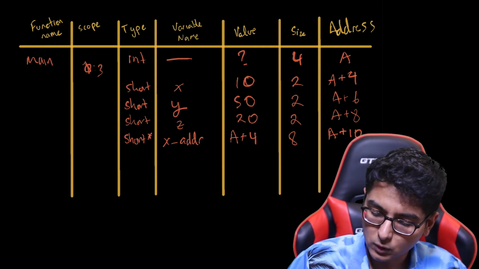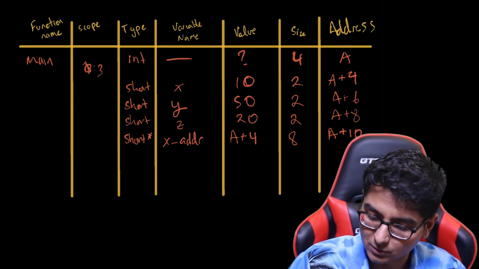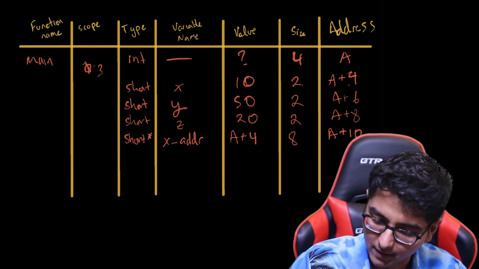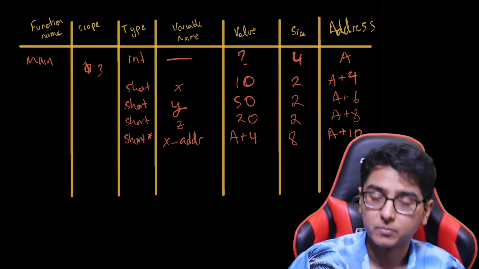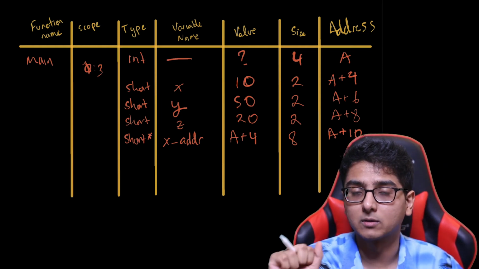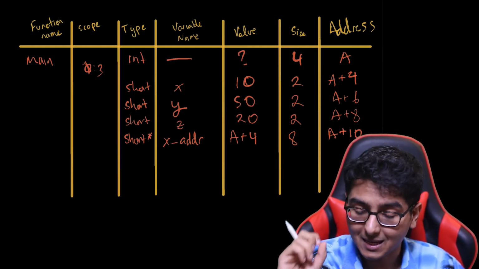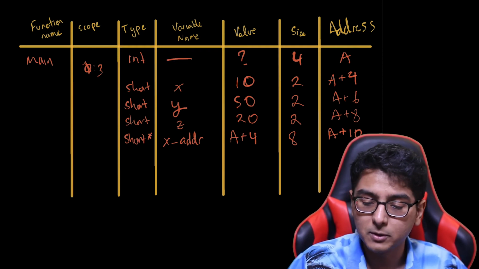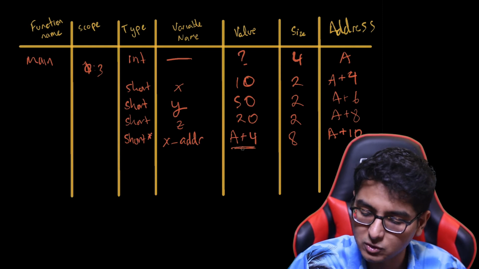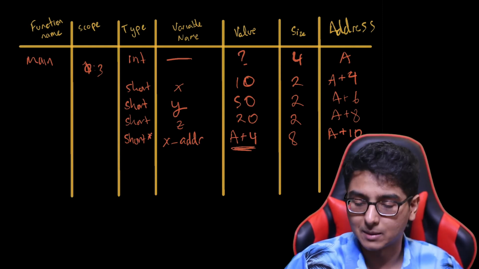Now, if you go in our memory table and access address a plus 4, you're going to find a short type. And that's exactly why we have to refer to it as short pointer, because it is a pointer to a short type. Now, if you were to not denote this to be a short pointer, how is the computer supposed to know how many bytes you care about at address a plus 4?